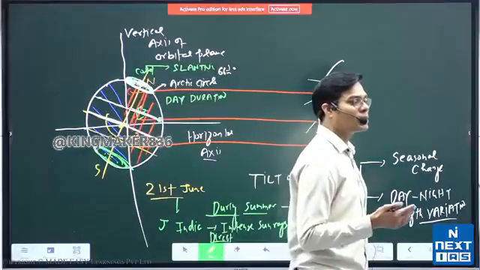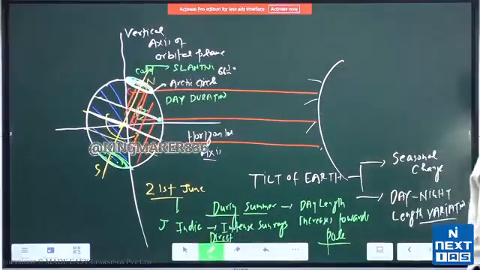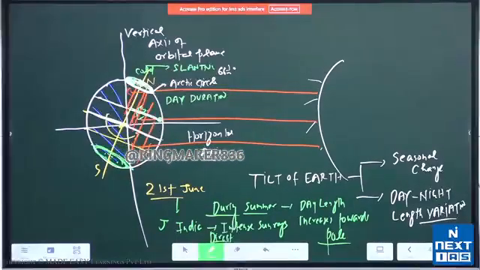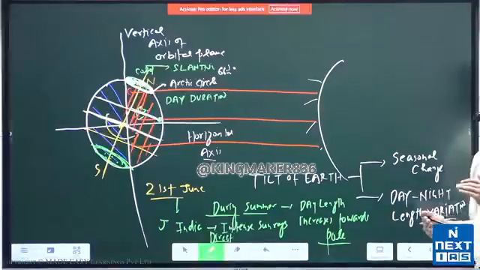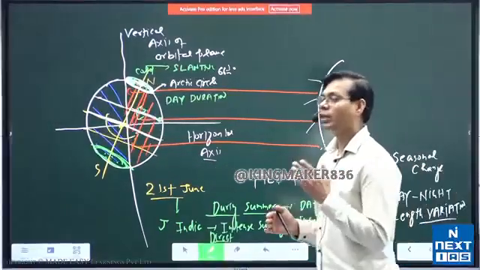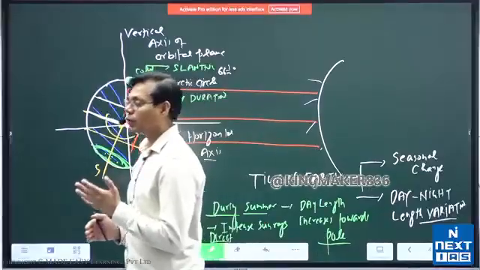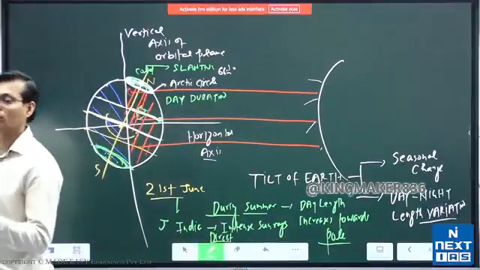Suppose we ask whether it is the first half of June or the second half of June, the sun is exactly on the Tropic of Cancer in the second half of June. Or if the question is when the sun is just above the equator, which half of June or March? Second half of March, 21st March.